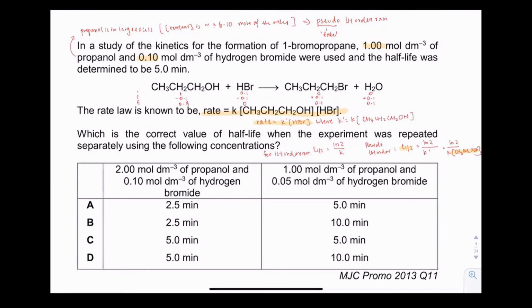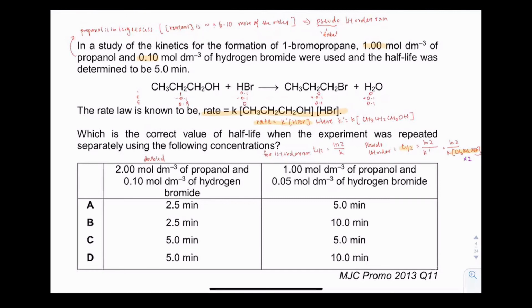The first change in condition is when I have 2 mole per dm cube of propanol and 0.1 mole per dm cube of hydrogen bromide. What happened to propanol? It doubled, increased from 1 mole per dm cube to 2 mole per dm cube, and HBr concentration remained the same. When my concentration of propanol doubles, take a look at this equation. How will the half-life change?